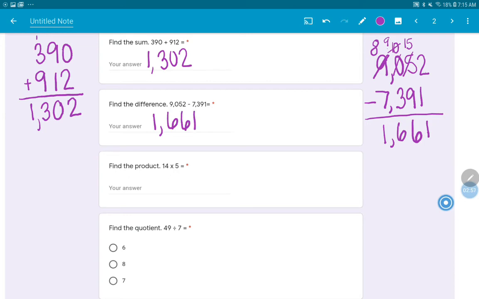Next, I need to find the product of 14 times 5. I don't know 14 times 5, but I do know that 10 times 5 gets me 50. And I need 4 more 5s. 4 times 5 gets me to 20. So if I add those together, 50 plus 20 equals 70.